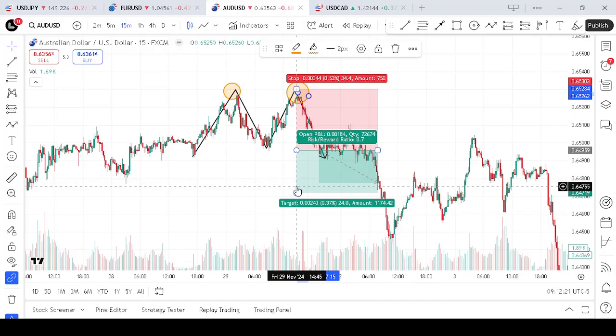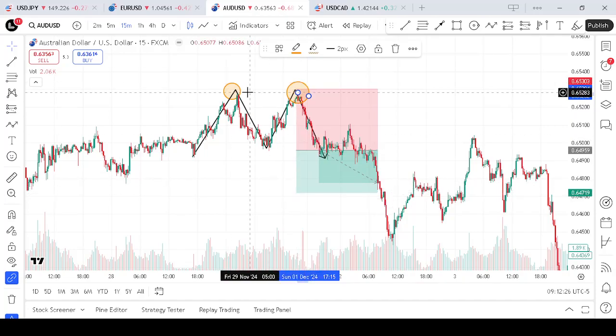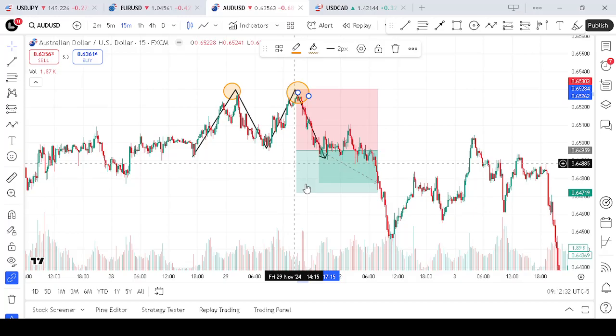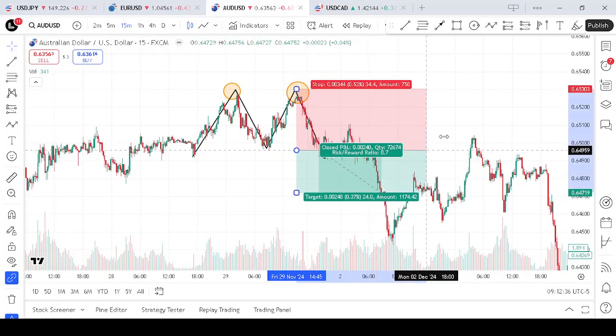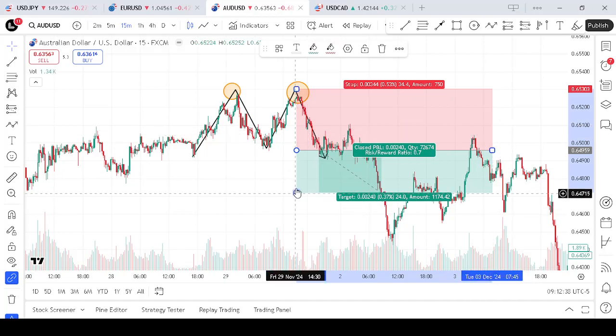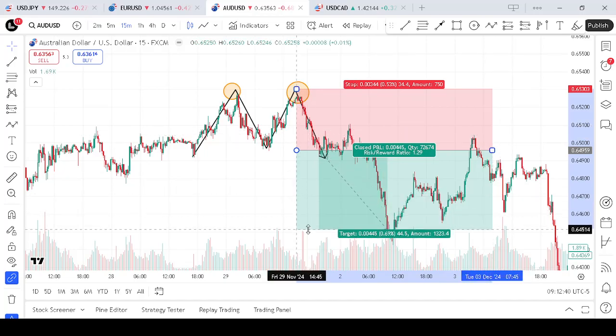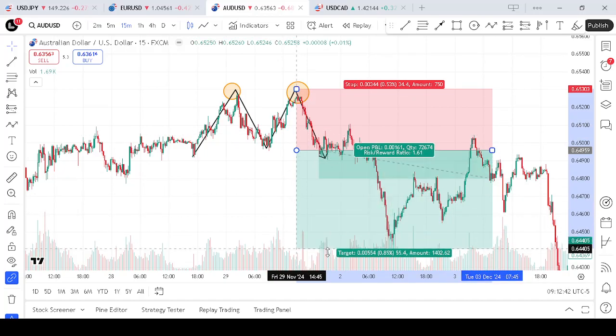Your take profit can be equal to the length of the area where price moved from the double top to the midway point, or you can target a fixed risk to reward ratio like 1:2 or 1:3, any one of your choosing.